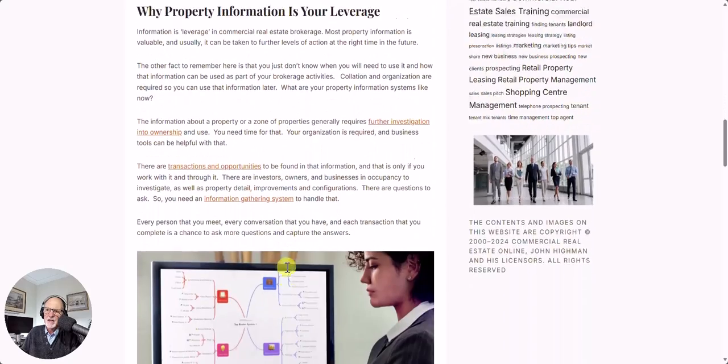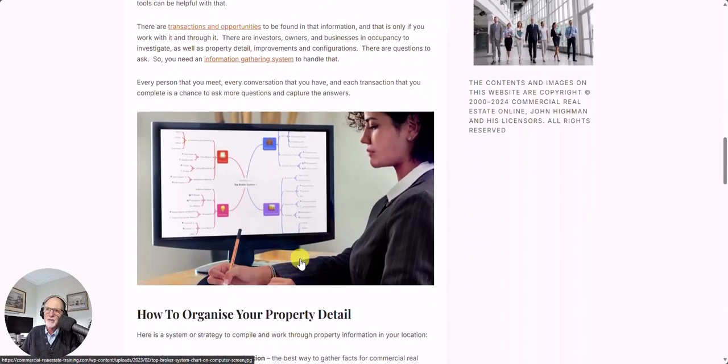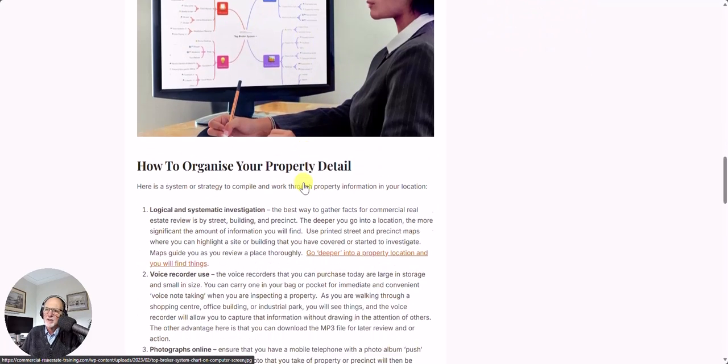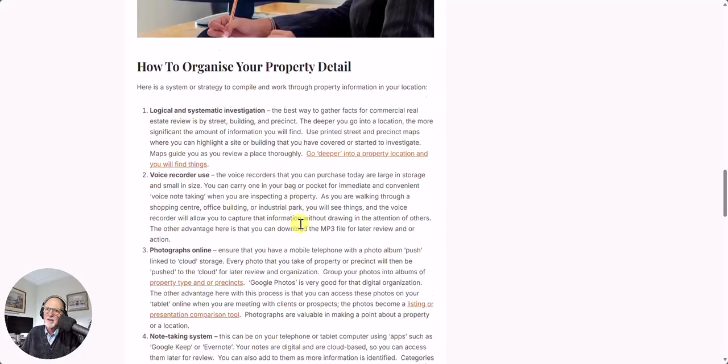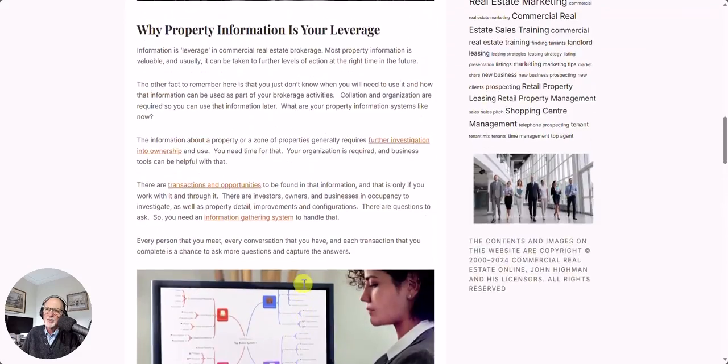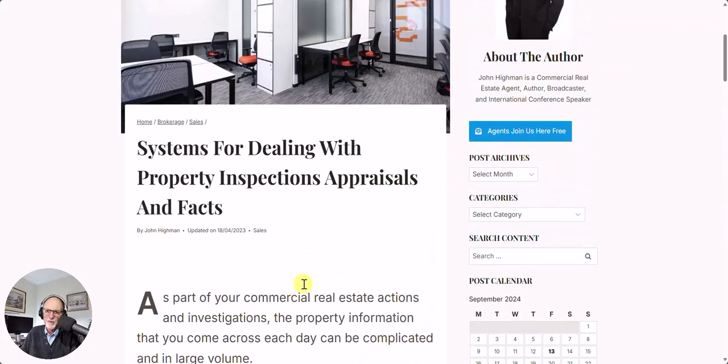Now this particular article will help you with all of the things to check out when it comes to the particular property for potentially selling and marketing. So how to organise your property detail, here it is here. There's a number of different things I want you to do, and of course you can use these 9 different strategies to make sure you're covering off on the listing very well.